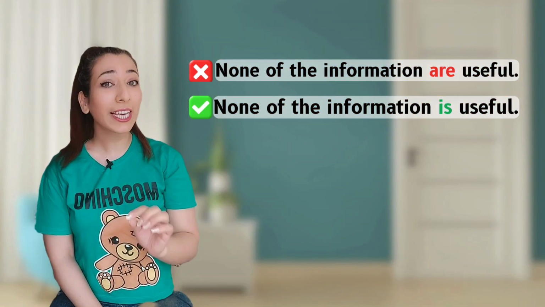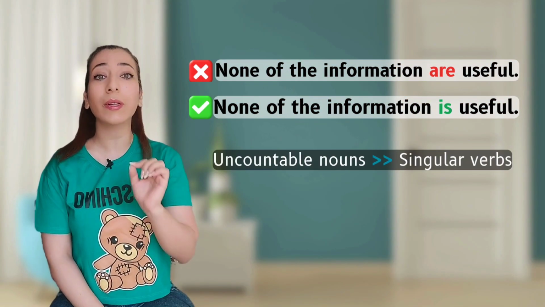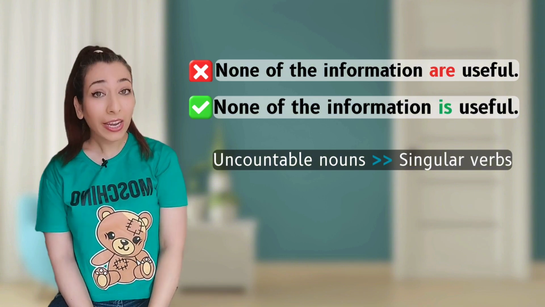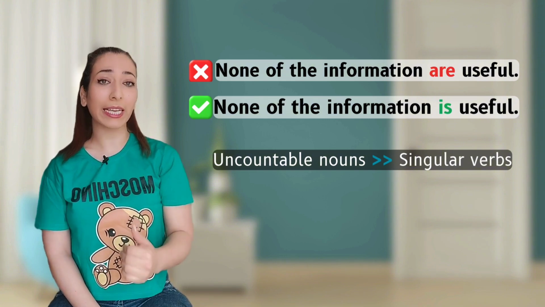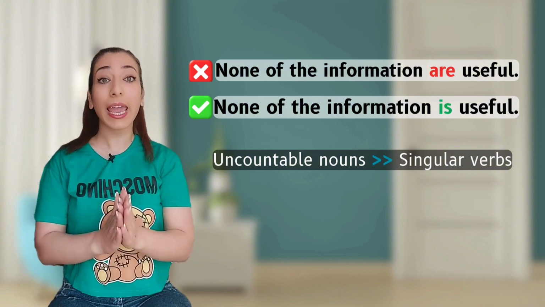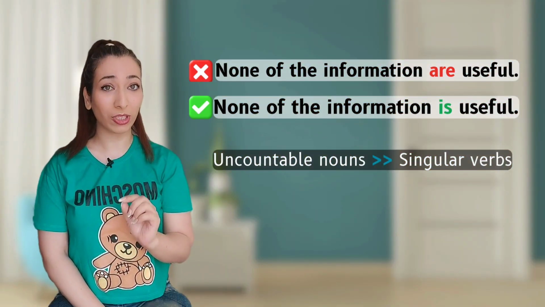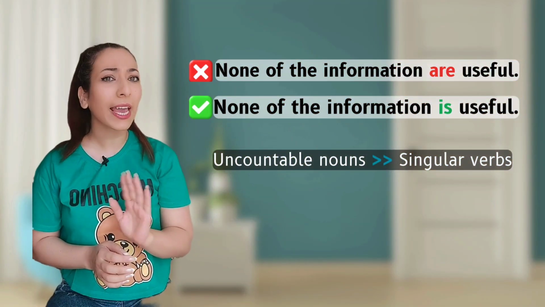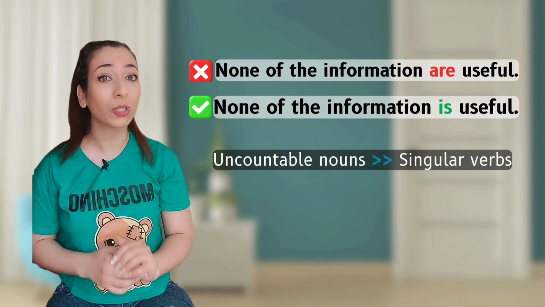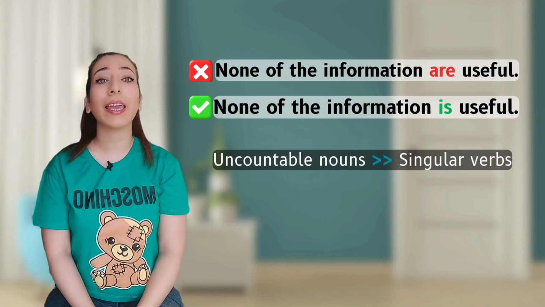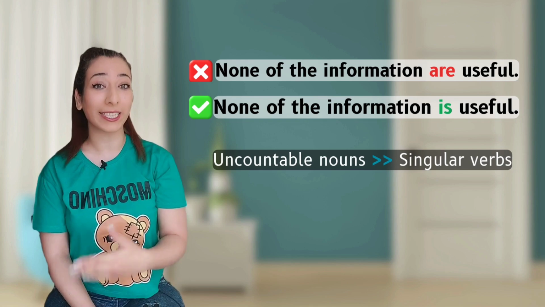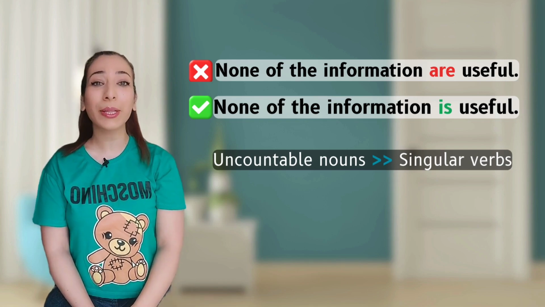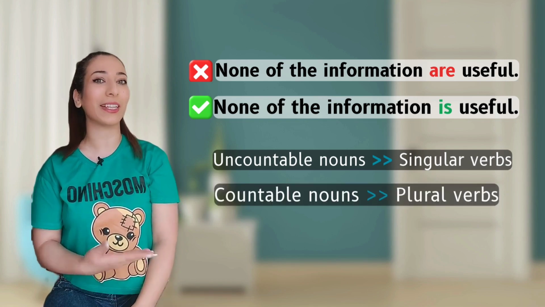We use a singular verb for uncountable nouns. So here, information is uncountable, so we use is. None of the information is useful. Actually, uncountable nouns can't be plural, so we can't use are. So we use a singular verb for uncountable nouns and a plural verb for countable nouns.